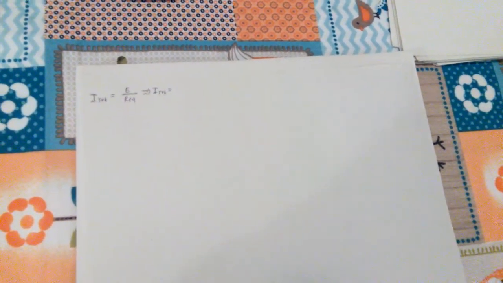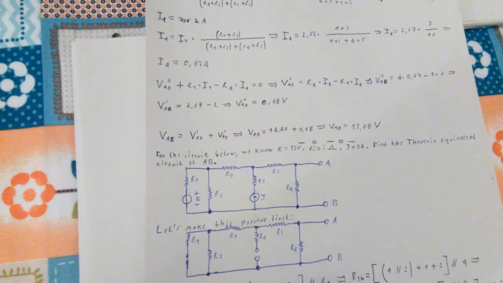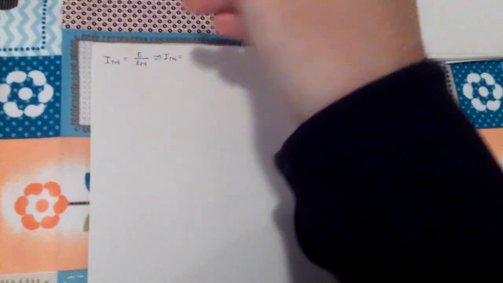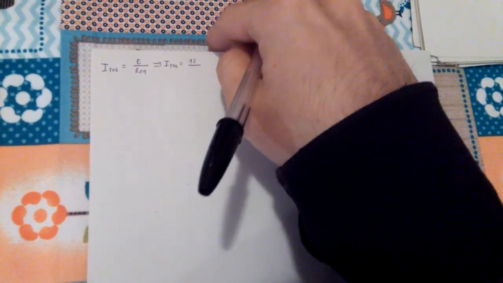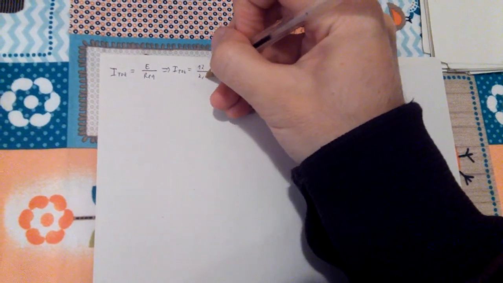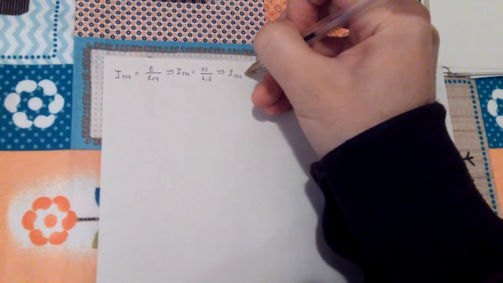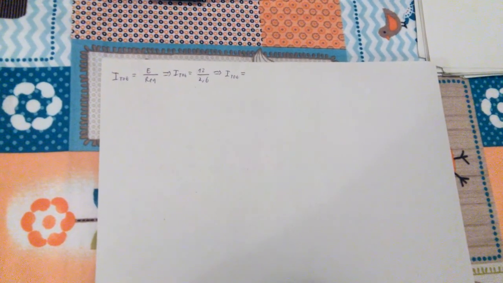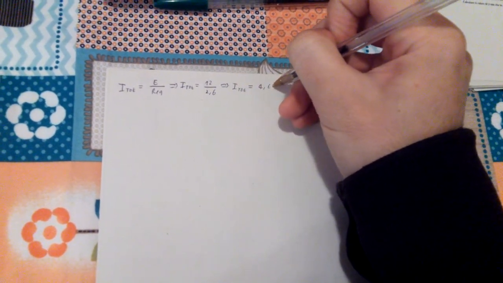So I total is just E, which was 12 volts, over R_EQ, which we just found was 2.6 ohms. So I total is 4.61 amperes.